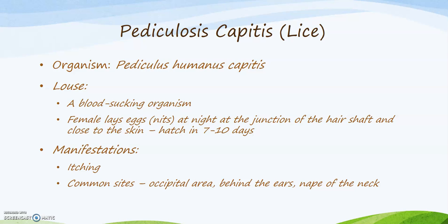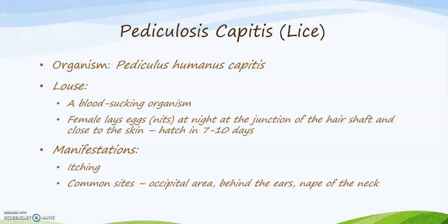In your textbook on page 953 to page 954 of the 6th edition, the pediatric textbook is a further discussion about lice, but essentially the organism is of a blood-sucking nature. So when the egg is laid right next to the hair shaft, close to the skin, that allows the organism then to be able to suck the blood right from the skin and then of course grow and develop.